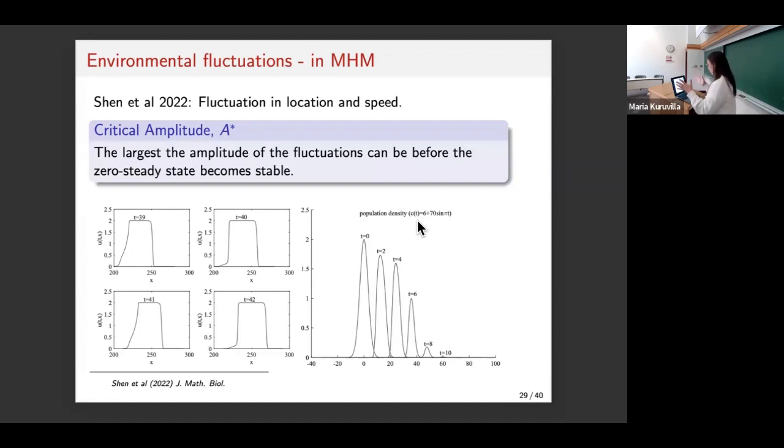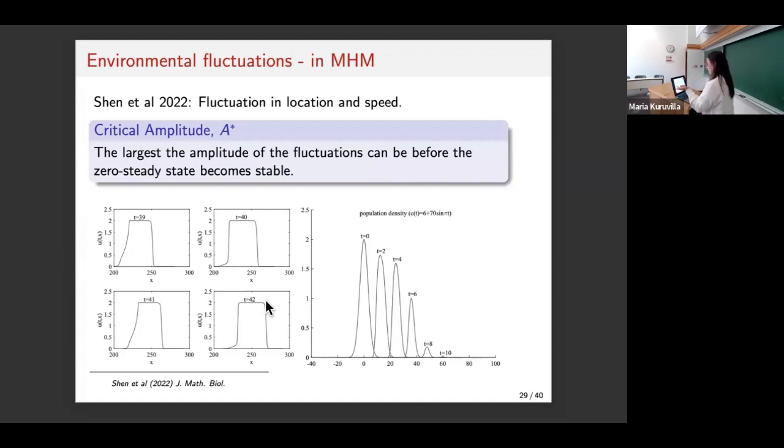I.e., start with no fluctuations moving, add fluctuation, then increase the amplitude. Eventually, you will reach an amplitude at which the zero steady state is now stable and the population goes extinct.